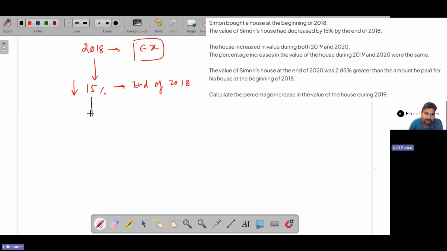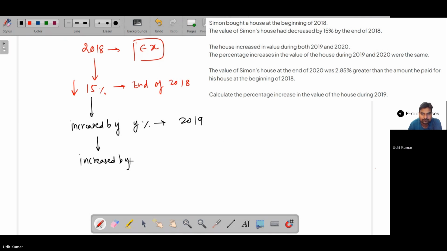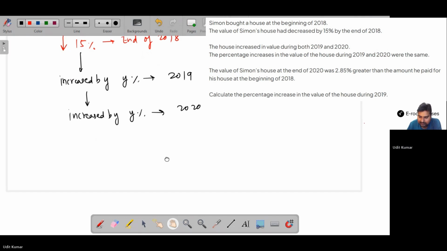Okay, let's say they were increased by Y% in 2019, and also by Y% in 2020. And the value of Simon's house at the end of 2020 was 2.85.